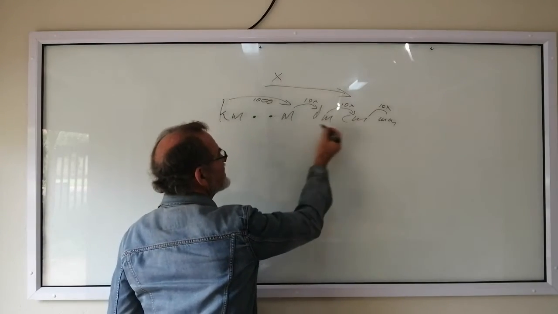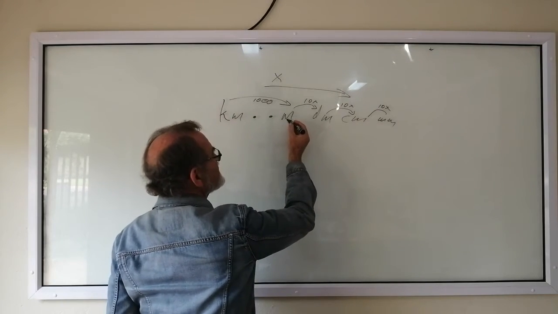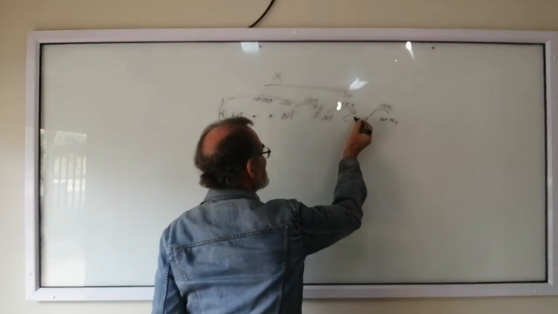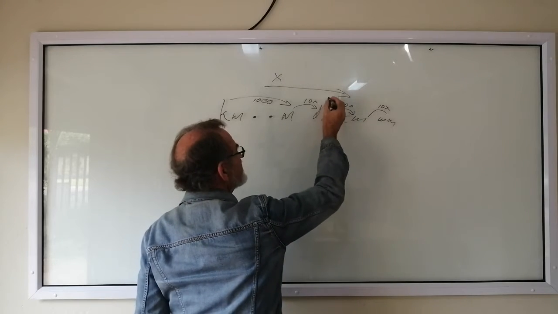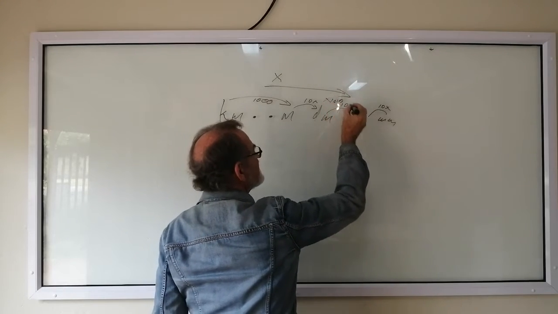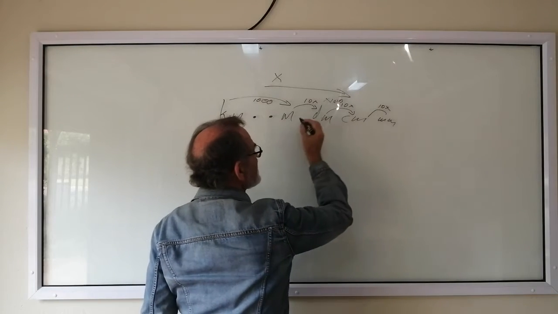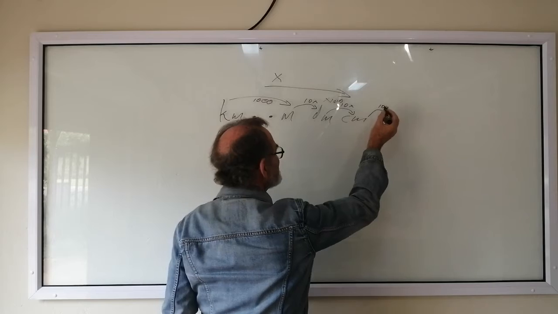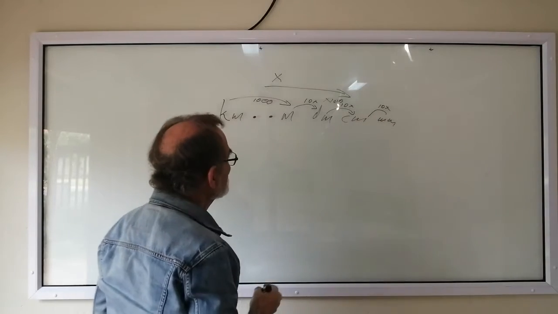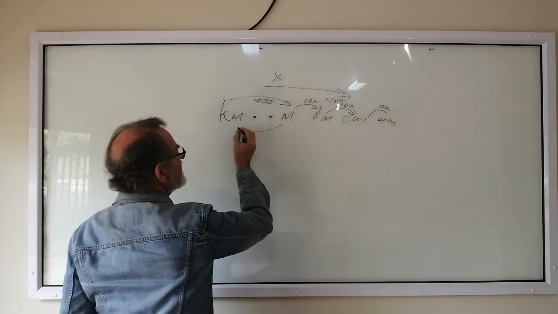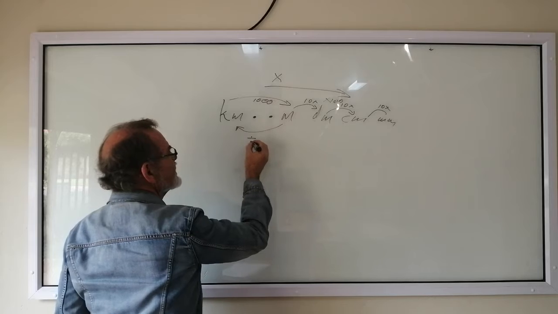From meters to centimeters, you're going to multiply by 10 and by 10 again. 10 times 10 is 100. Okay? From meters to millimeters, you're going to multiply by 10 3 times. That's 1,000. And if you go the other way, you are going to divide.